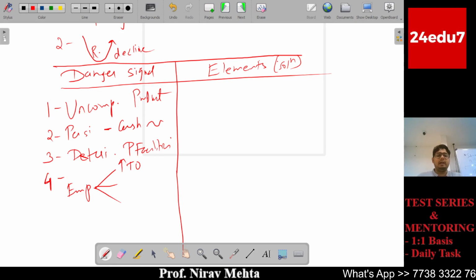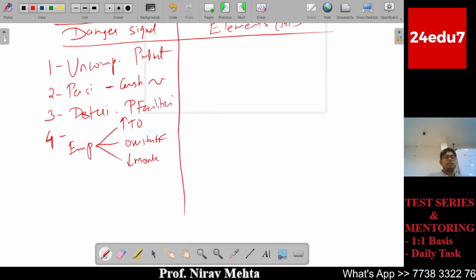Turnover is very high. Are you correct? Low morale and overstaffing. Overstaffing means we require 2 staff and we have 12 staff, doing unnecessary activities. Low morale, they think themselves very low, and turnover is very high. That means this company requires what? Turnaround strategy.